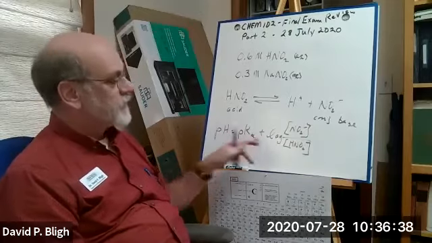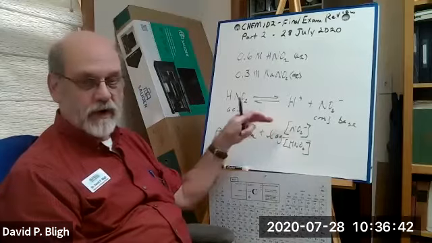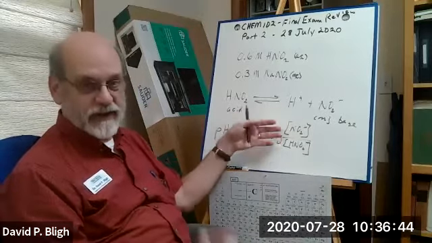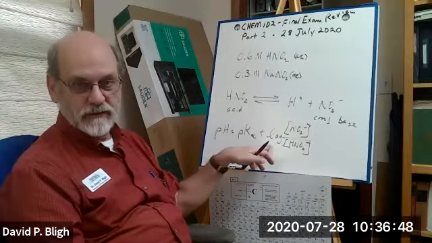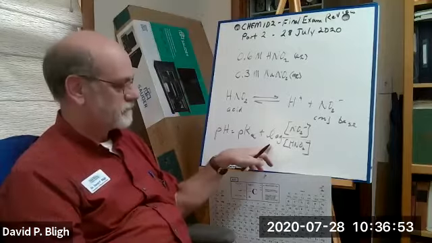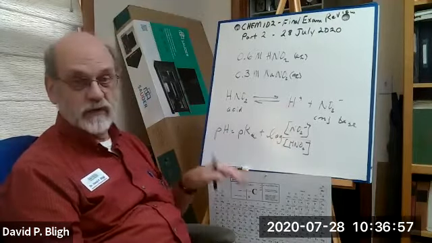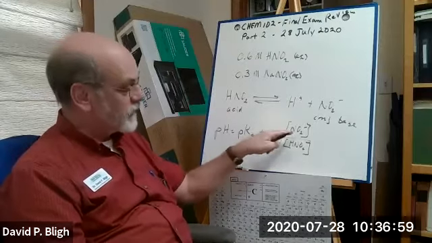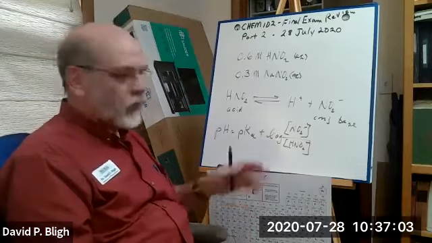So that means that that one has to equal that one. Why? Because equals divided by equals is 1. And the log of 1 is 0. So that would make this one 0, and those would be equal. You'd be in the middle of the buffer zone. So that one has to be equal to that one. All right. How do we get there?